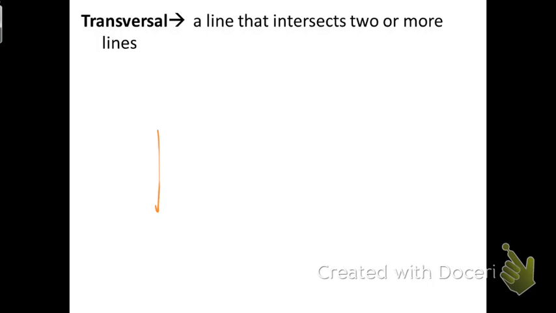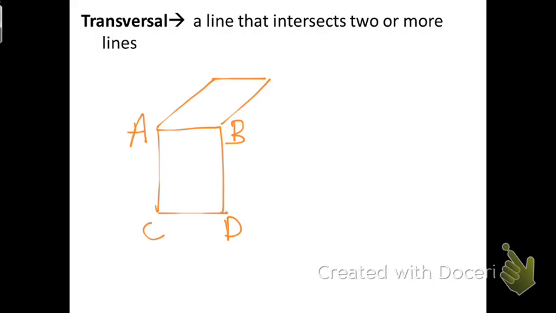I think I drew a cube in class today, and I only drew part of it. And we talked about how AB here is parallel to CD, and it's also parallel to EF. So all of these are parallel lines, and they can be in the same plane.